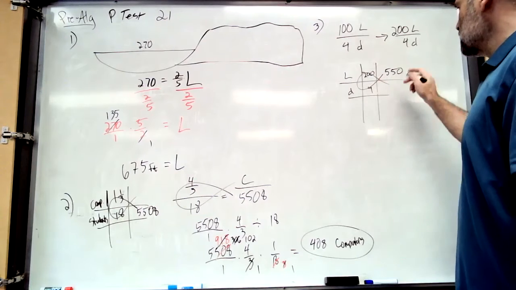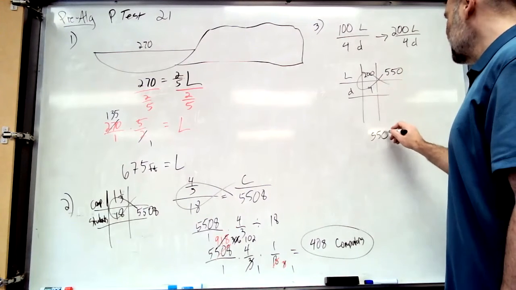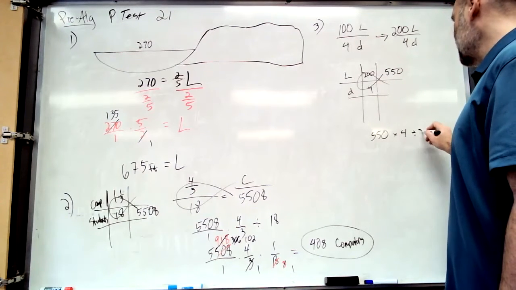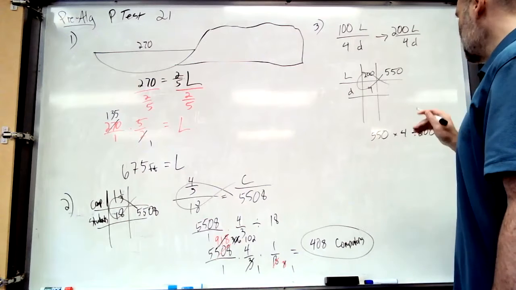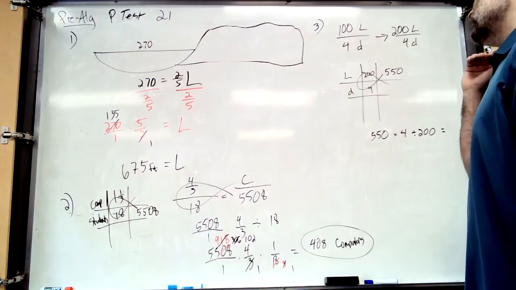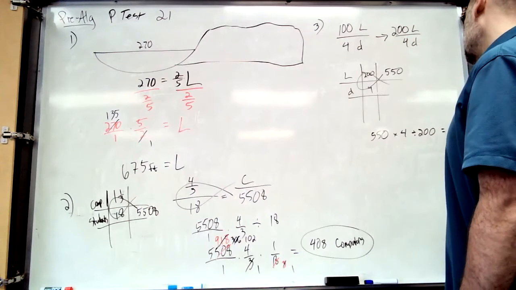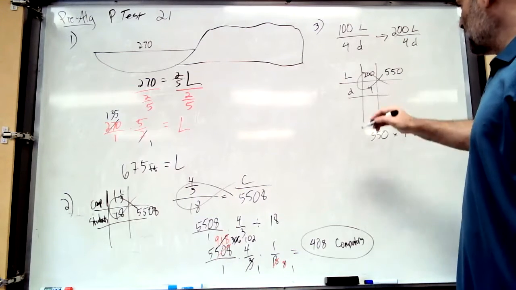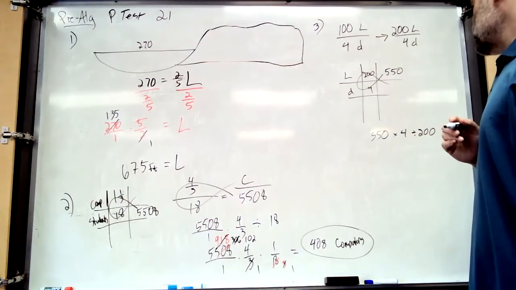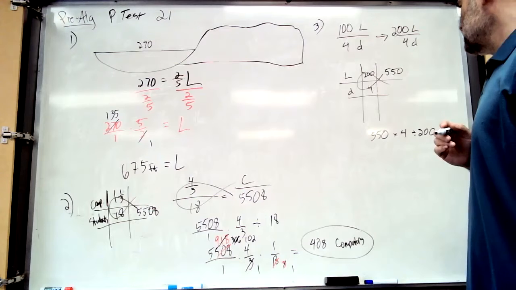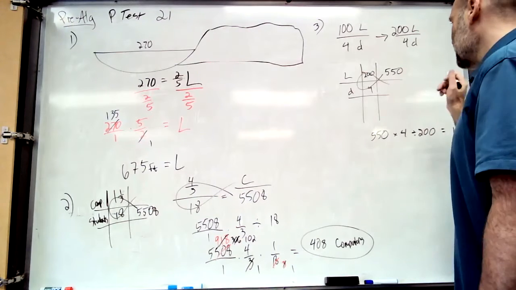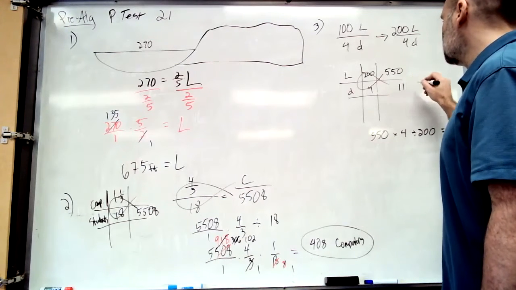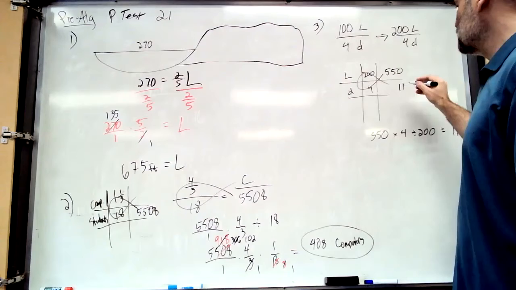All right, so when you multiply 550 times 4 divided by 200, you should get 11. Okay, so 11 days. So 550 times 4 is 2,200 divided by 200 is 11. Okay, so 11 days.